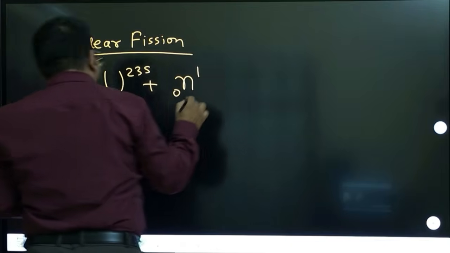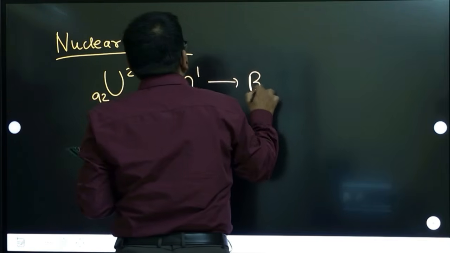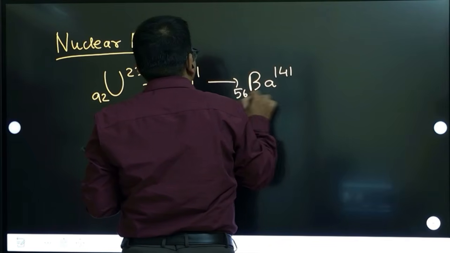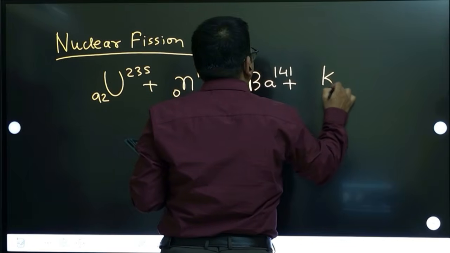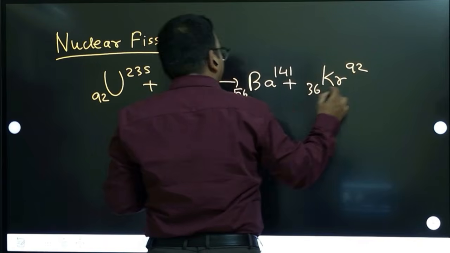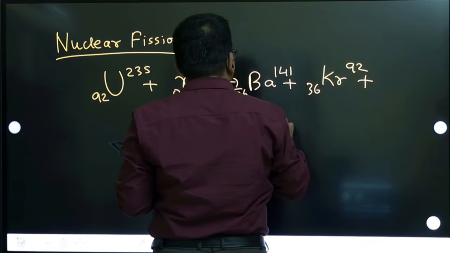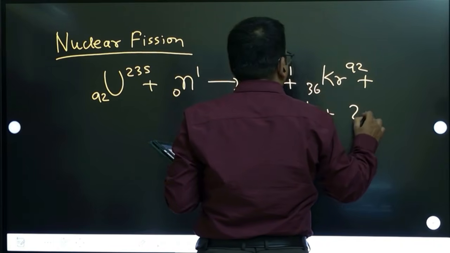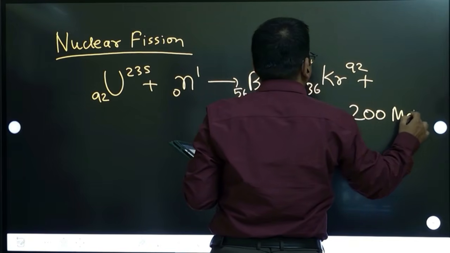A neutron is bombarded and it can convert into barium 141, 56 plus krypton 92, 36 plus 3 extra neutrons come out, and there is energy of 200 million electron volt.